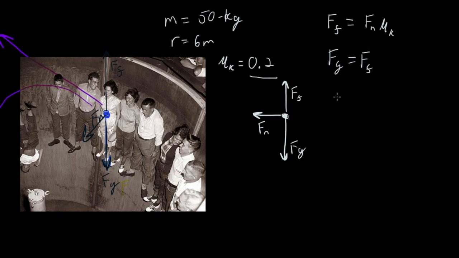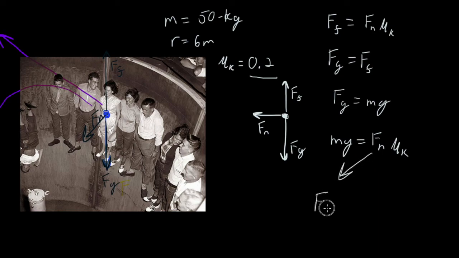And so I can say that force of gravity, since force of gravity equals mg, then mg has to equal force normal times the mu k. You see how just with a little bit of free body diagramming, just a little bit of thinking about these relationships, just saying what's got to be equal, just asking where's the motion, we're able to make a custom equation here.